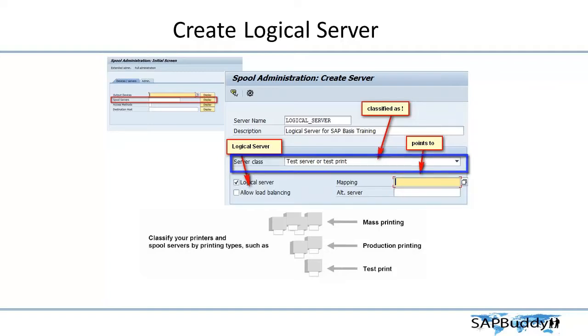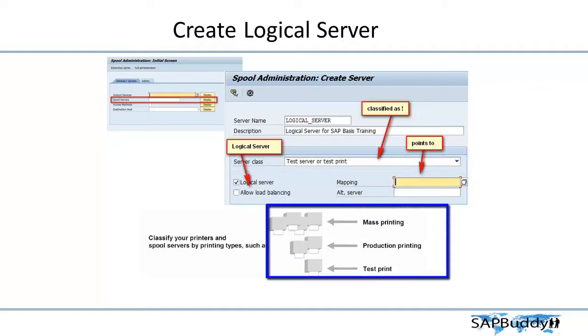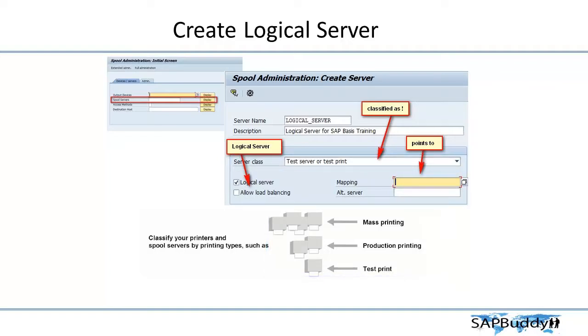Server class means you can specify whether it is mass printing, production printing or test printing. Mass printing means you have a lot of printing going on, production printing means it's medium, and test printing is quite few. That's what we represent here.